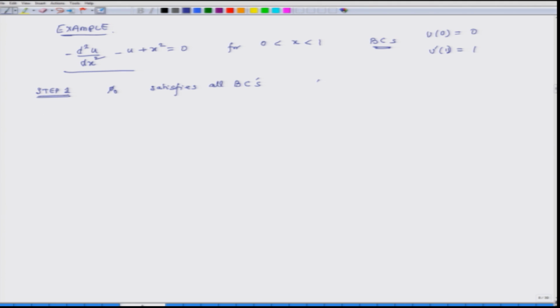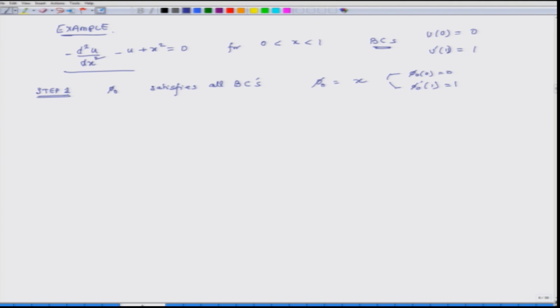So we choose phi naught equals x, it meets both the boundary conditions. The second boundary condition, u prime at 1 equals 1, is a non-homogeneous boundary condition. The first is a homogeneous boundary condition, okay. So we see that phi naught at 0 equals 0 and phi naught prime at 1 equals 1.